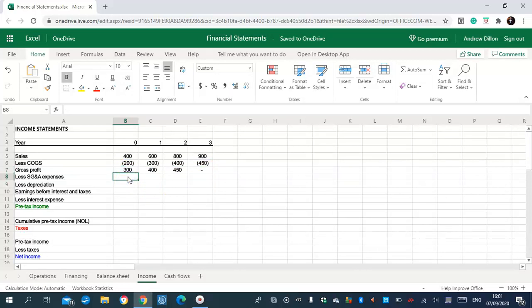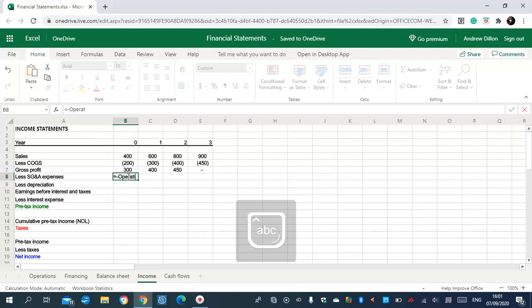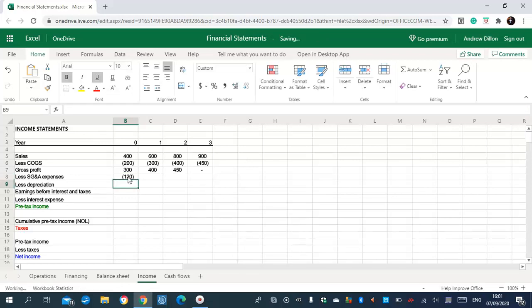Less SG&A expenses. Okay, now we're on to the less depreciation.